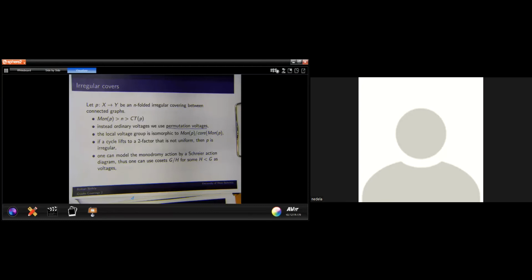We can talk about the monodromy action and the monodromy group as a permutation group where we factorize by the core. The core in general is the intersection of the stabilizers, and each stabilizer is a fundamental group of the upper graph. So there is no canonical choice of this core. This depends on the point, but all of them are isomorphic.